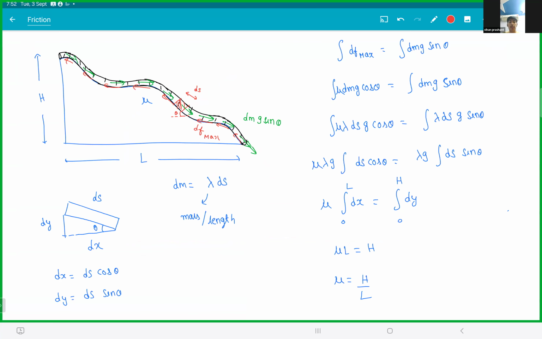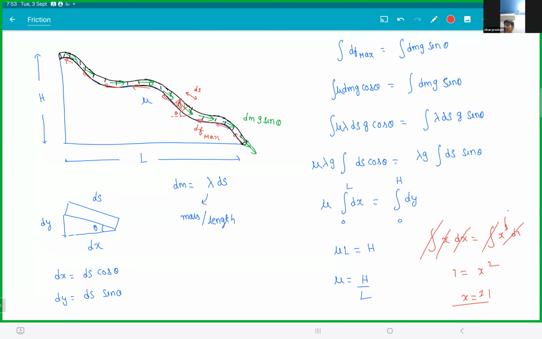Sir, why can't we cancel dm in the integral? According to your logic, if I have something like integral x dx equal to integral x cube dx, you'll cancel dx, x and x will cancel. So 1 is equal to integral, we cancel. 1 is equal to x square. So x is equal to plus or minus 1.